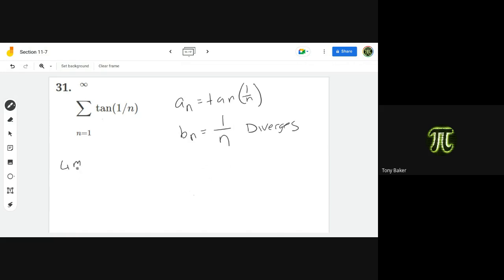So we have the limit as n goes to infinity of tangent of 1 over n over 1 over n. If I put infinity into either of those, what am I getting?